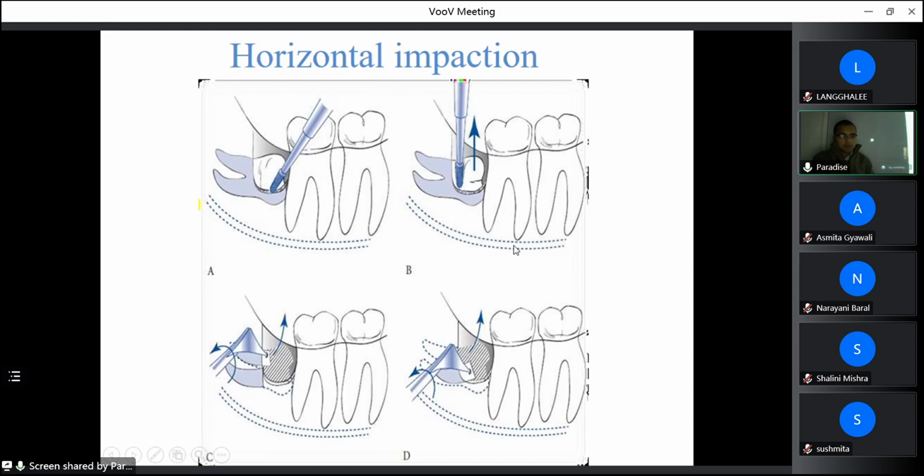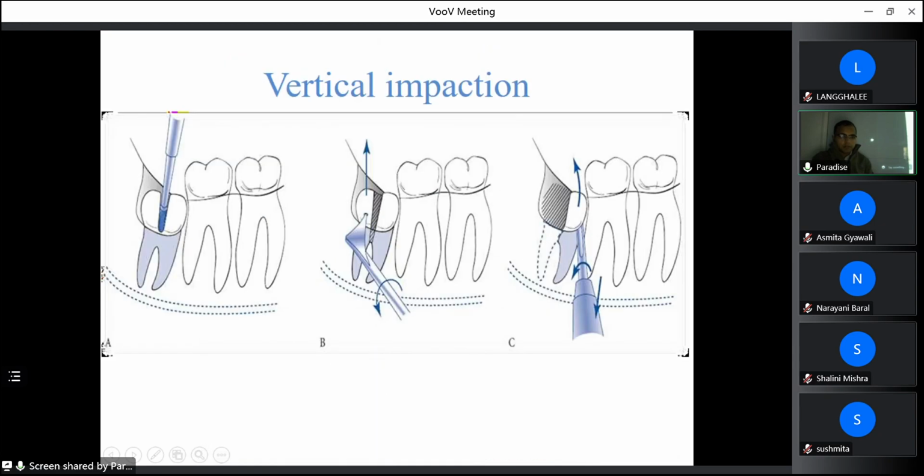In case of horizontal impaction, again, the first thing you have to do is buccal guttering. After buccal guttering, you have to section the crown part. When the crown is sectioned, you remove the crown first, followed by removal of the distal root, then the mesial root. In case of vertical impaction, after buccal guttering, you have to section the tooth and separate the mesial root and distal root.